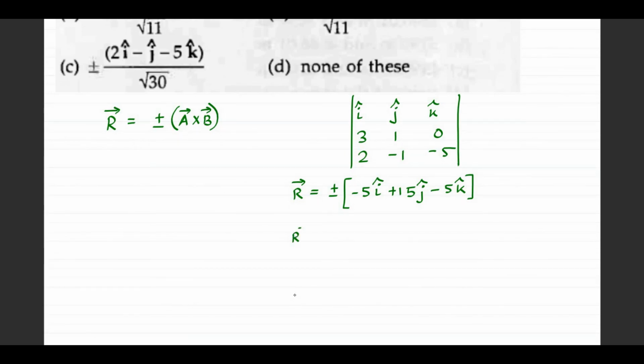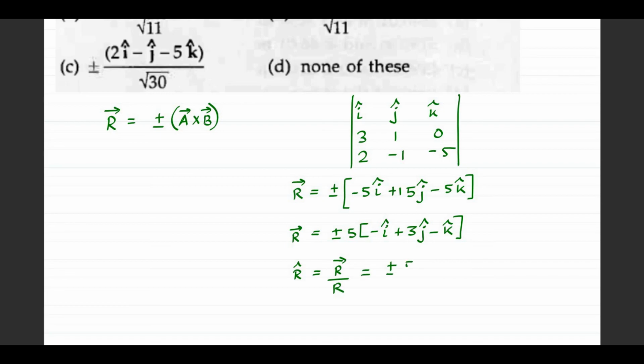So R vector will be, unit vector along that direction will be R vector divided by its modulus.